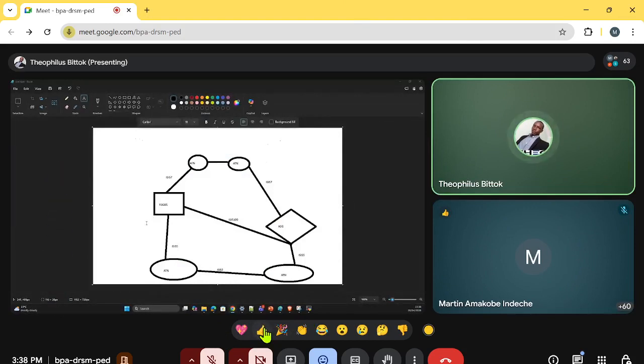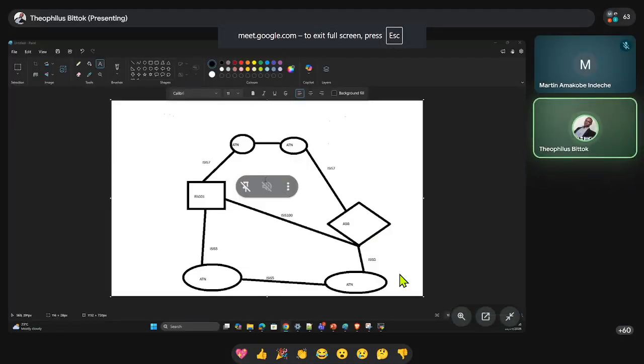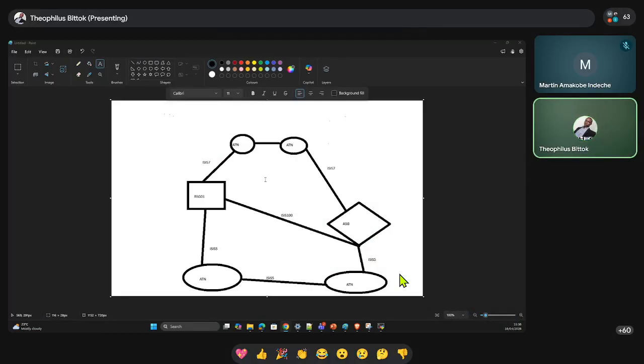Okay, thank you. So this is, for example, an example of a network in a service provider. We have the access processes, and the access processes are ISIS 5 and ISIS 7.